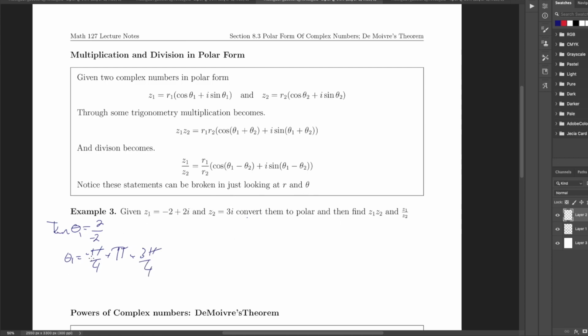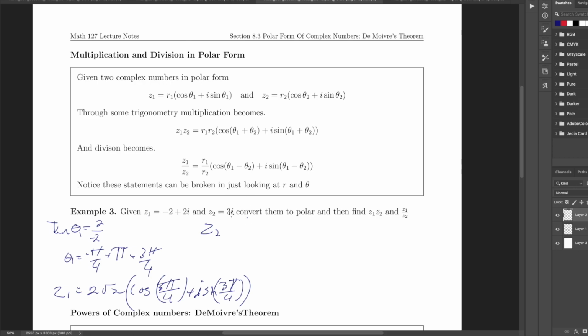And then once again, this becomes 2 square root 2. So here we have z1 is equal to 2 square root 2 times cosine of 3 pi over 4 plus i sine of 3 pi over 4. And here is z2.